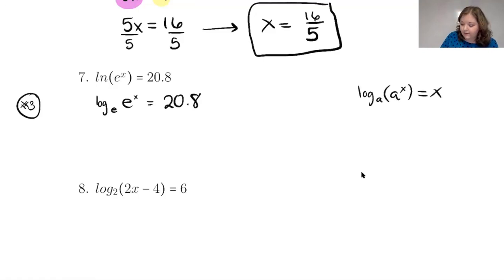And so here our base is e, and inside we have e to the x. So log base e of e to the x just becomes x. And so the side stays 20.8, and we already have x solved for. So that one was a pretty quick one.